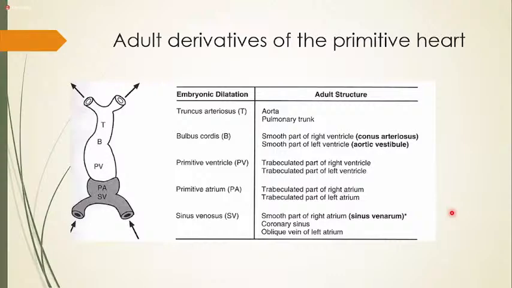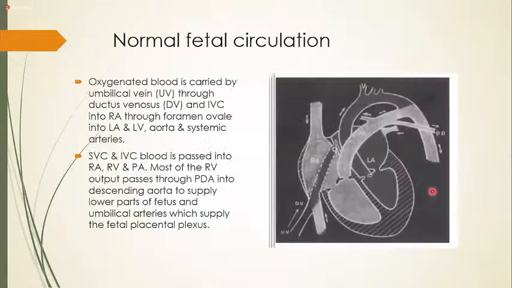So looking at the normal, we find that oxygenated blood comes from the umbilical vein through the ductus venosus. The ductus venosus basically bypasses the IVC within the liver and goes into the right atrium.